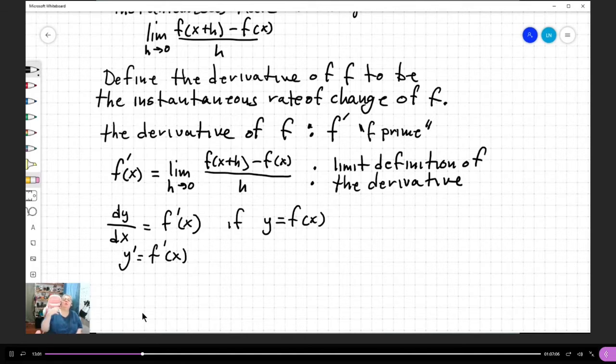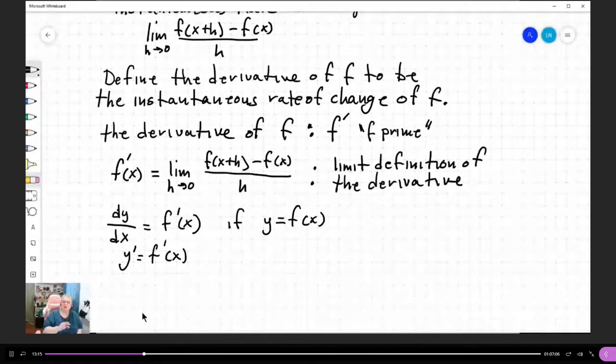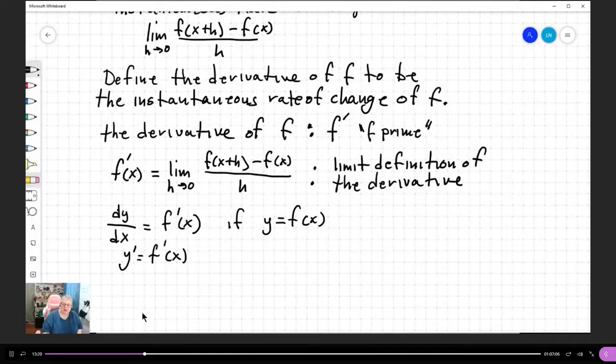If you go on to take 236, which is Calc 2 here, you'll get into taking derivatives of functions of more than one variable, in which case you're going to see the notation capital D for derivative, and then an x to indicate the derivative with respect to x, and then usually a function name.